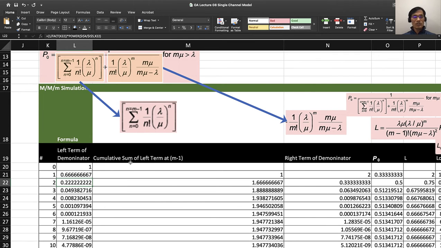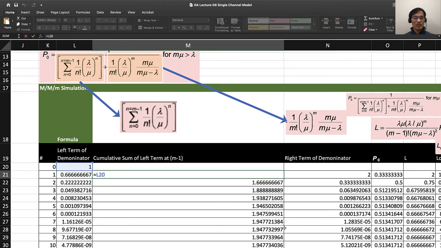And then the cumulative sum of the left term at n minus 1, right? We need to sum them up together because we have this sigma function, and I'm starting from 1 here because we have to go from n equals 0 to n minus 1. So that's why I'm starting with the second row, and here is L20.